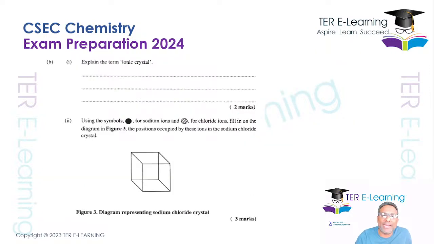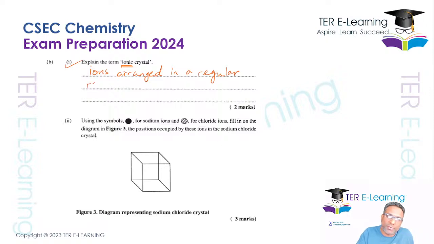Explain the term ionic crystal. I know some of you might not be able to type anything in the chat here, but an ionic crystal, basically, you have the word ionic inside it. So basically, it's ions arranged in a regular repeating pattern.